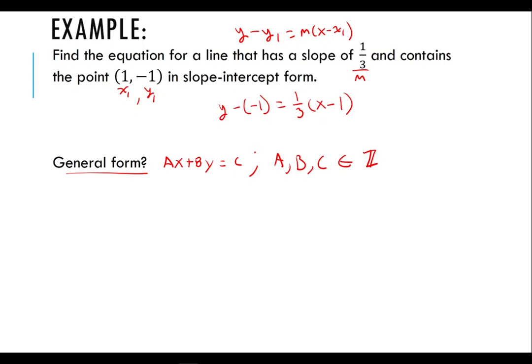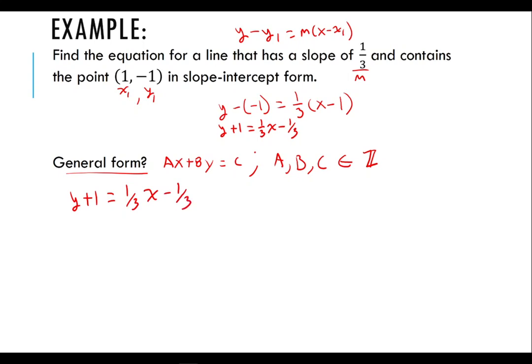We need to get this to this general form, but to do that, all I really need to do is simplify as much as possible and then get the letters on one side. So this is really going to be y plus 1 is equal to 1/3 x minus 1/3 using the distributive property. Now I'm just going to put this all on this bottom line. Y plus 1 is equal to 1/3 x minus 1/3.